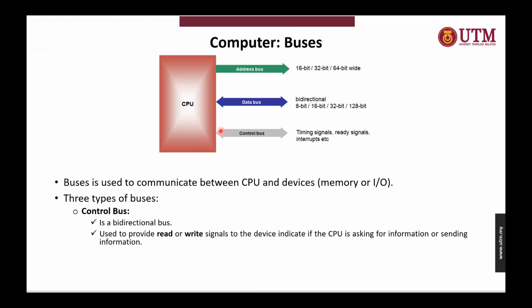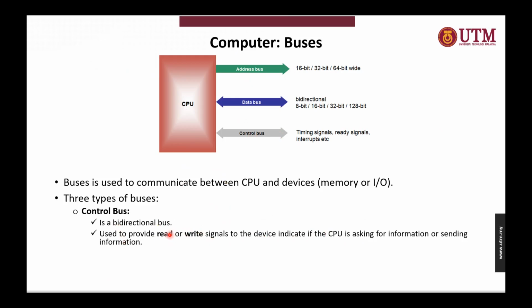If you can see from this figure here, the control bus is bi-directional. Bi-directional means two directions. It can go out and it can come into the CPU. This control bus is used to provide a read and write signal to the device, indicating if the CPU is asking for information or sending the information. If the CPU is asking for information, the signal that will be sent is a read signal.